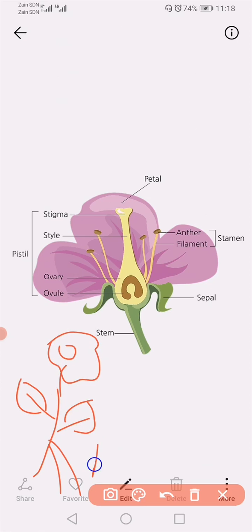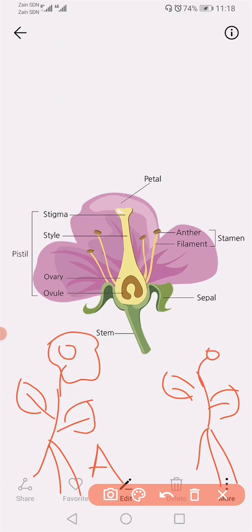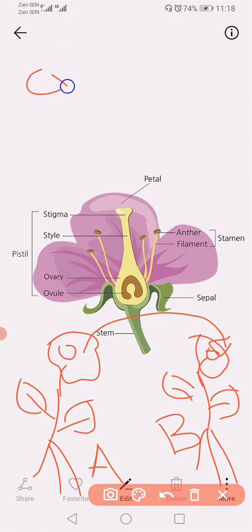Let me label this as plant A, and this is plant B. And the pollen is transferred from the anther of the flower on plant A to the stigma of the flower on plant B. So we have two different plants. This type of pollination is called cross-pollination.